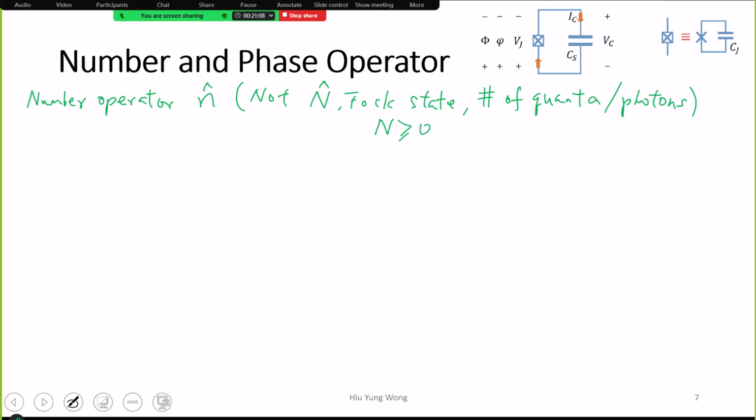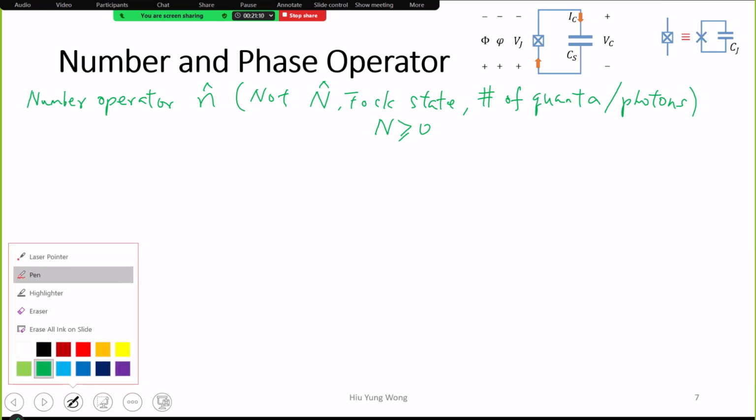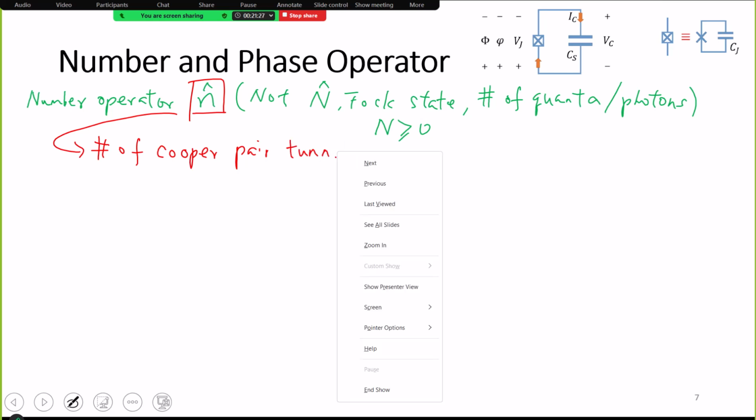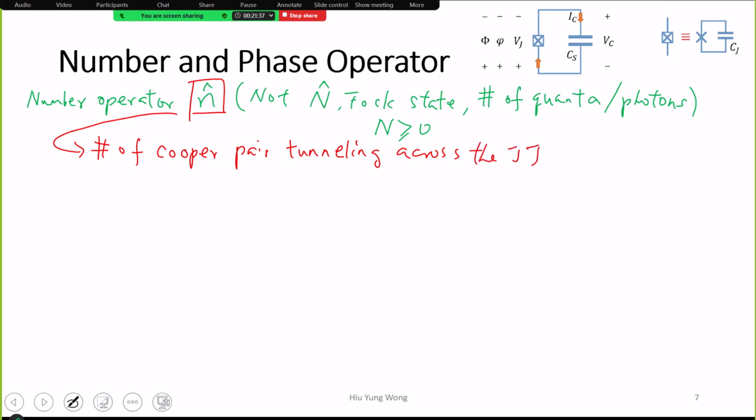But here, this number operator lowercase n refers to the number of Cooper pairs tunneling across the junction, the JJ, right?